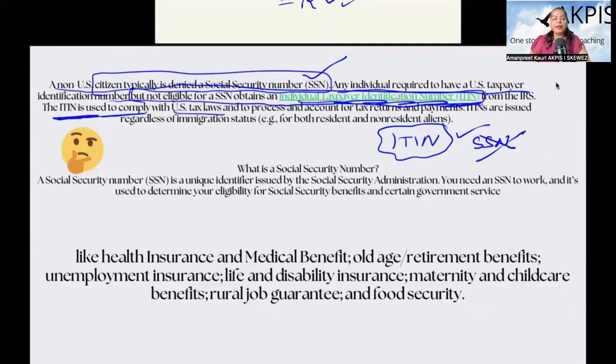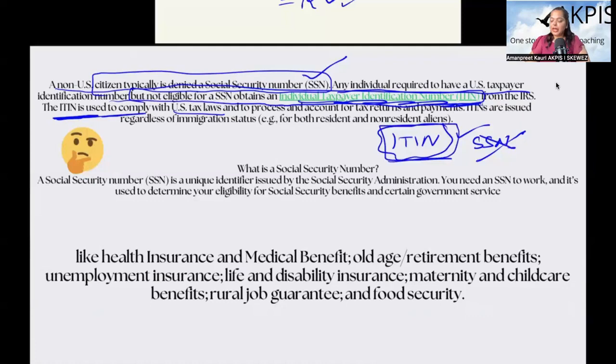Because when you are filing your income tax return, it should have a unique tax ID. For example, in India, we have our PAN card number, right? Likewise, in the United States, if you're not a US citizen and don't have an SSN, you need to obtain an individual taxpayer identification number. And let me tell you, these are issued to both resident as well as non-resident aliens.